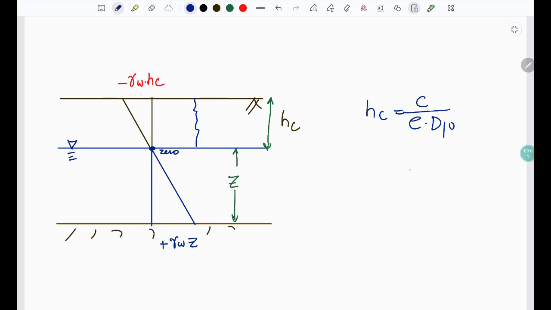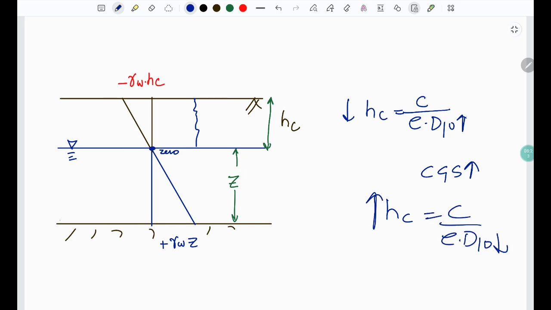So we can see that if the diameter of coarse grain soil is more, the height of capillary rise is less, whereas for fine grain soils the D10 is less, hence the height of capillary rise is more. So if it is a coarse grain soil, we have very small capillary pressure and height also, nearly 0.03 meters.